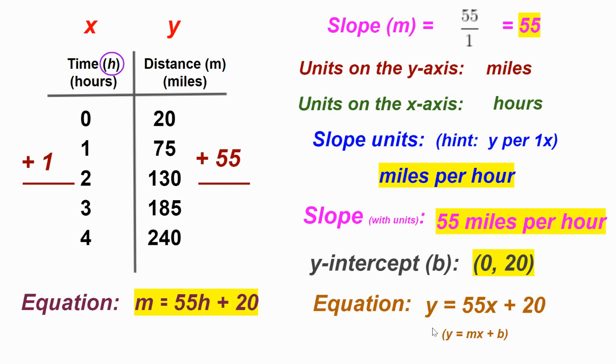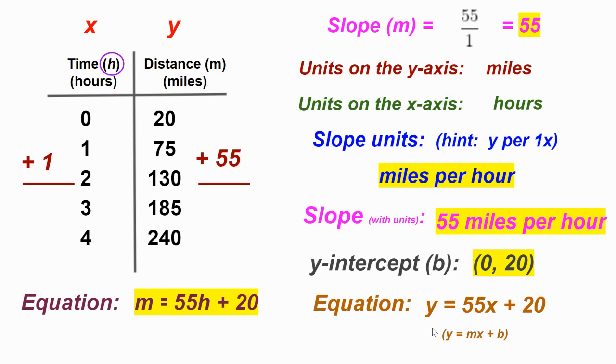Those equations are the same equation, but we're just using the variables from the actual table. Instead of y, we used m, so it was m equals. And instead of x, we used h. So it was 55h plus 20 instead of 55x plus 20. Very straightforward, but sometimes we like to use the variables that make sense for what we're talking about.